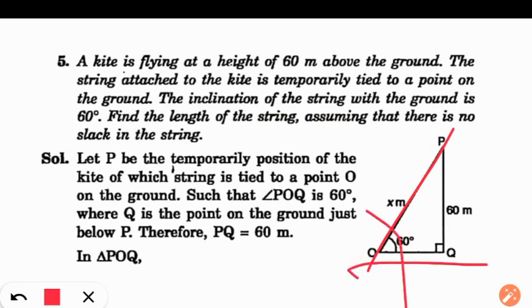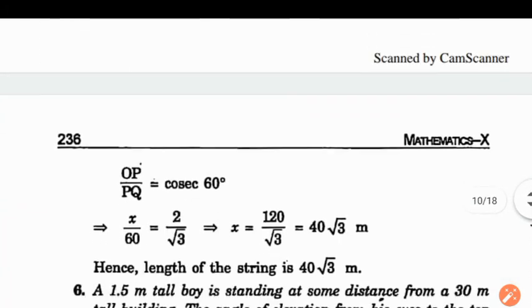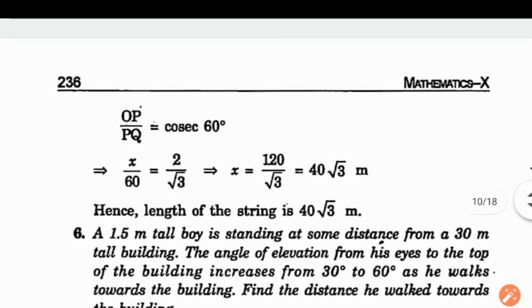So tell me a trigonometrical ratio where we have perpendicular and hypotenuse. We have two trigonometrical ratios, sine and its reciprocal cosec. So in triangle POQ, I have used cosec 60 degree. Cosec 60 degree is equal to hypotenuse by perpendicular.